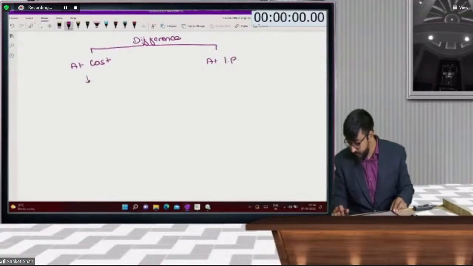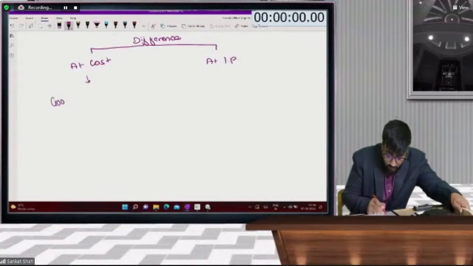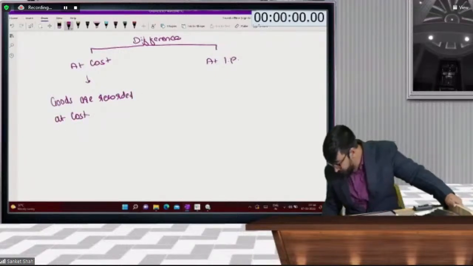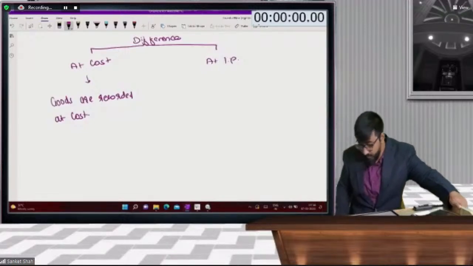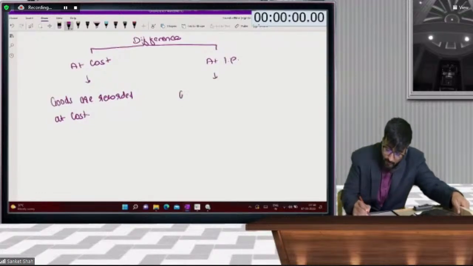Here, goods are recorded at cost, and goods are recorded at invoice price.